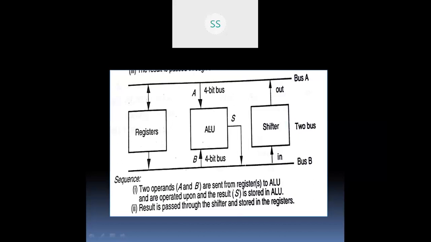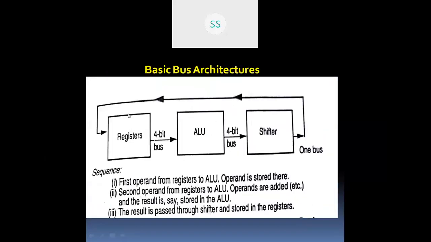Operated upon means either addition or multiplication, whatever the logic operation is, and the result S is stored in the ALU. Here you can see the 4-bit bus. Operand A and operand B enter the ALU at a time. But in the previous architecture, one operand enters the ALU and is stored, then the second operand enters, and then the operation is performed.